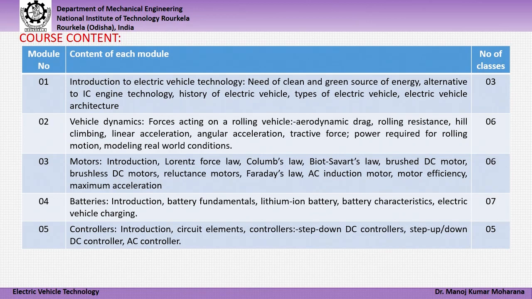Then we will learn about different types of motors like brush DC motor, brushless DC motor, reluctance motor, and then we will learn about AC induction motor, for which we need to know about Faraday's law. Then we will learn about calculating the efficiency of a motor and maximum acceleration.